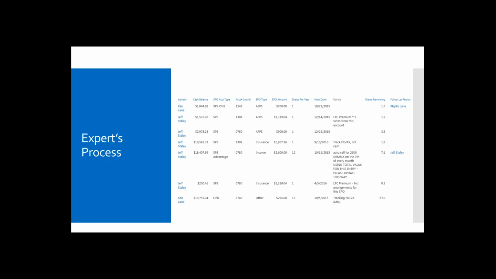If I'm looking for someone that's on the tracker and I do not see it in client viewer, then I look at arrangements to see, has this SPO started coming out of a different account and they just didn't notate it on here. Gotcha. So your case managers will put notes in the details to you as well if something changes? Sometimes. That's why you check it, to be sure.